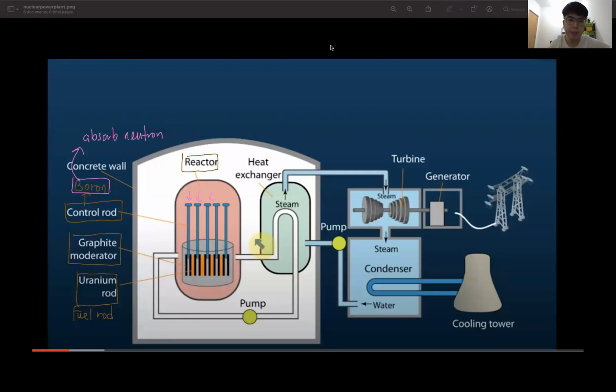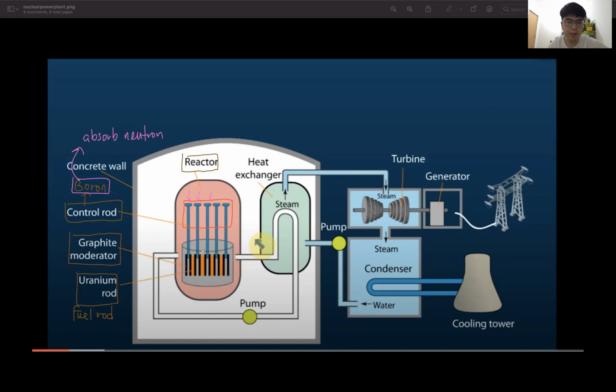You can see in the picture the blue rods here, all these 1, 2, 3, 4, 5. They are the control rods. I can lower them. The uranium rod is the orange color, placed in between the black color, that is the graphite. So when I lower the control rod, it separates each uranium rod.